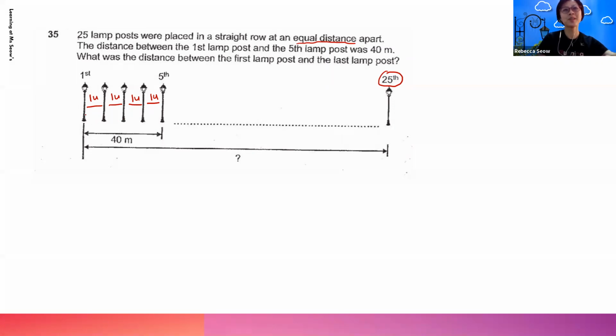What we need to look at is how many intervals there are in these 5 lampposts. If we consider this to be one interval, this will be the second interval, this the third interval, and this the fourth interval. Each interval represents a space between 2 lampposts. So there are 4 spaces. So I'm going to write down, perhaps, 5 lampposts.